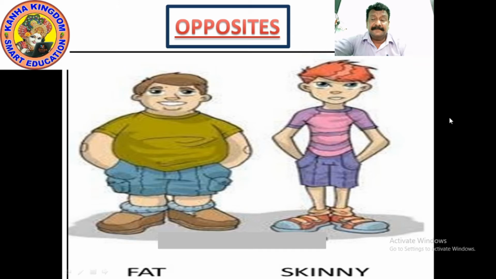So skinny and fat. Opposite of fat is what? Skinny. And opposite of skinny is fat. When we speak on several topics, in many of them you use certain words. He's a fat guy. That's a fat buffalo. He's a fat person.